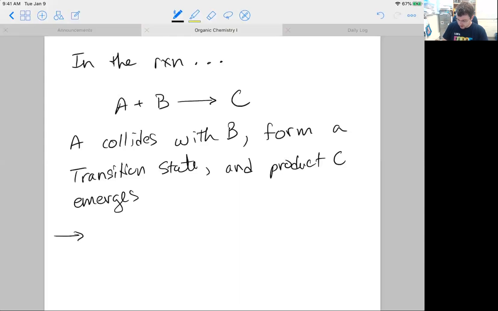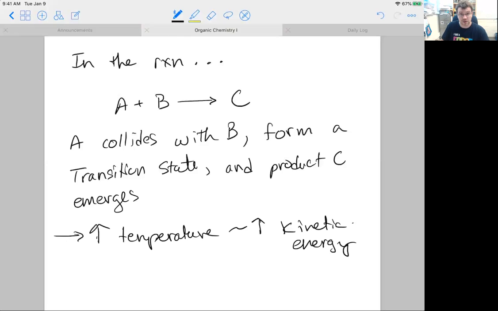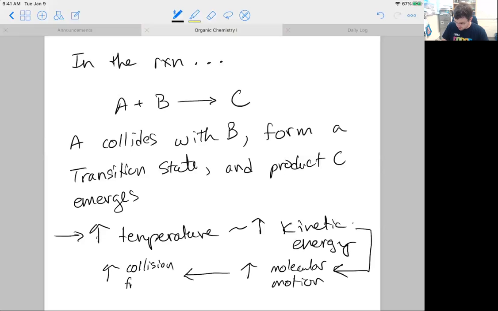With this in mind, if we have an increase in temperature, we then have an increase in kinetic energy, which is energy due to movement. So when we say a collection of molecules has higher kinetic energy, what that's saying is they're moving more, which leads to an increase in molecular motion, which then leads to an increase in collision frequency.